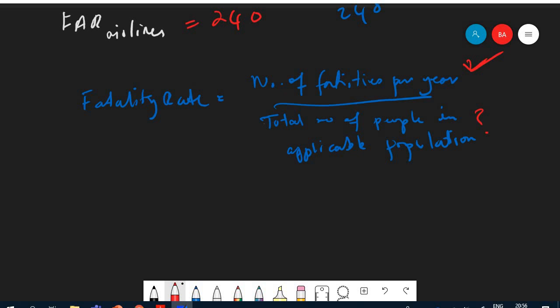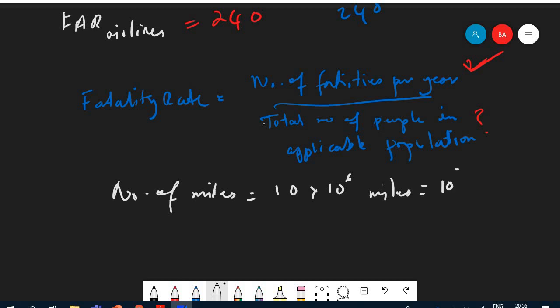Well, I already know the number of miles. The number of miles they were mentioning there was 10 into 10 to the power 6 miles, which is equal to 10 to the power 7 miles. So how many miles are usually traveled by people? We are assuming some numbers here.